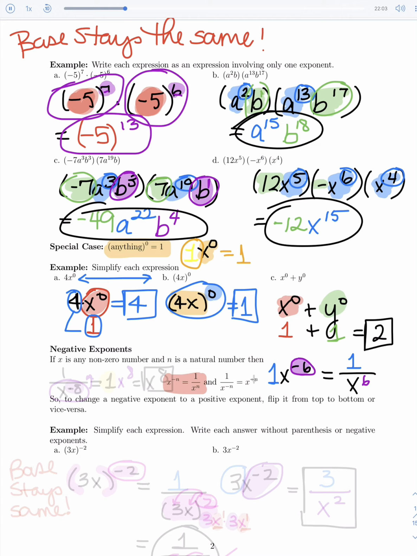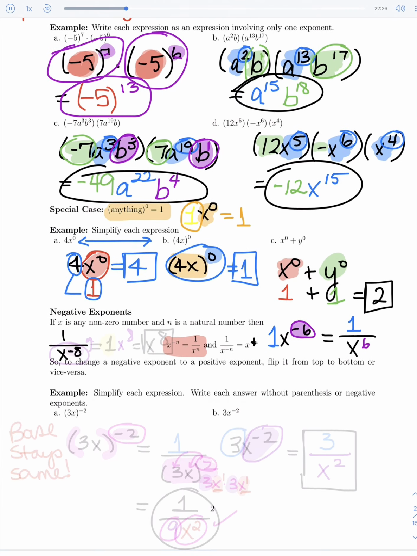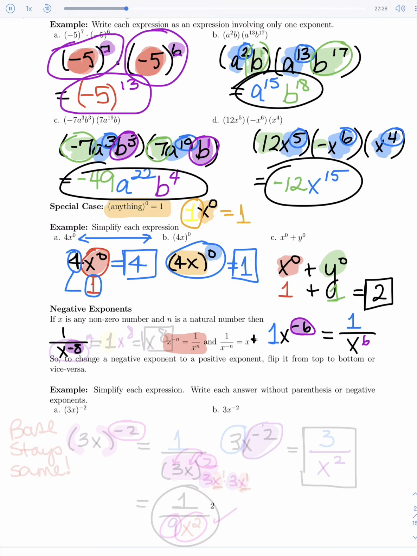And there is a small typo here. This should be a positive n. So when the negative exponent moves from the bottom back up to the top, it will go from being negative to positive. So if we have something like 1 over x to the negative 8th, and we want to turn the negative 8 into a positive 8, the 1 is going to stay where it was, but the x to the negative 8th will move up, and when it moves up, the exponent becomes a positive 8.